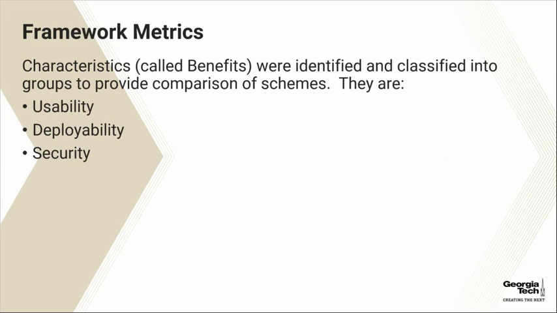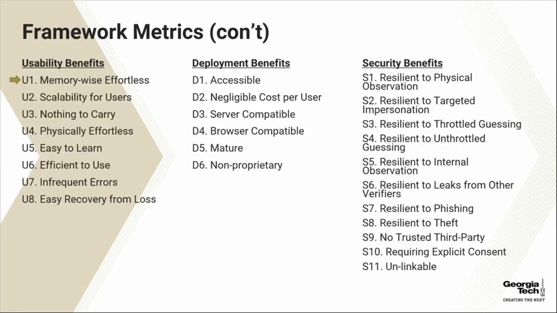As we've discussed, it's broken down into usability, security, and deployment. Obviously usability and security are the predominant ones, but deployment is just as important, because if we can't deploy this technology across the spectrum, it's not going to be used. And with that, we have 25 characteristics that are unique and still broad enough that they matter to everything to compare and look at.